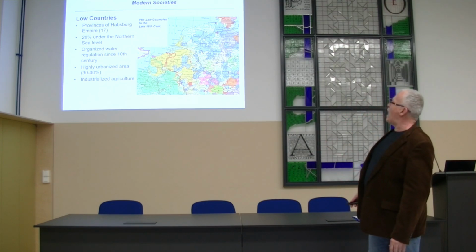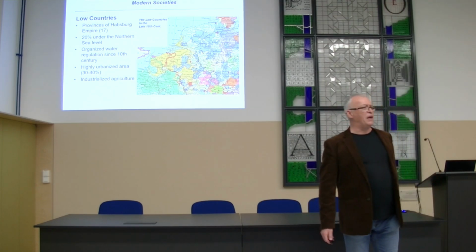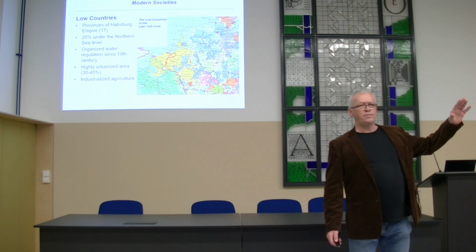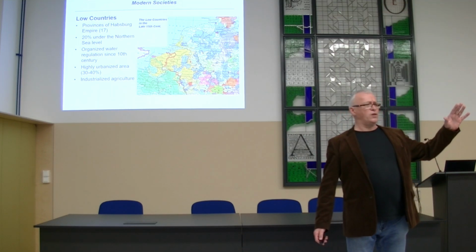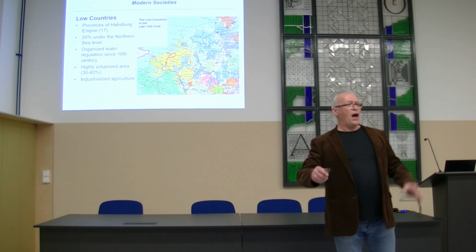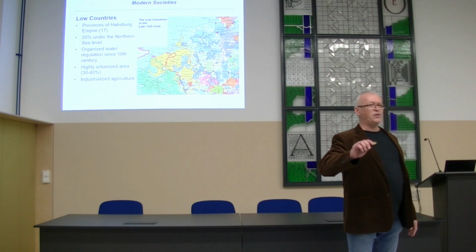If we look at the Low Countries, somebody visited the Netherlands, Belgium. It's an artificial country, because a third of the area is under sea level.